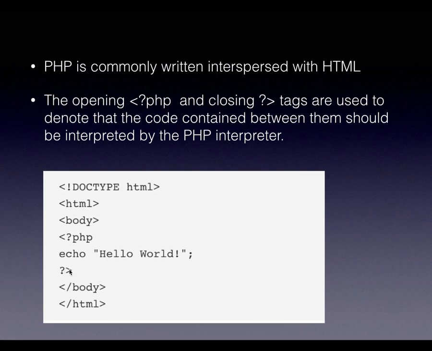And it's the same as HTML. You could write this all across one line, or you could write it on multiple lines. It doesn't care about how you split up the code on different lines. All it cares is that you have the PHP code surrounded by those opening and closing PHP tags.